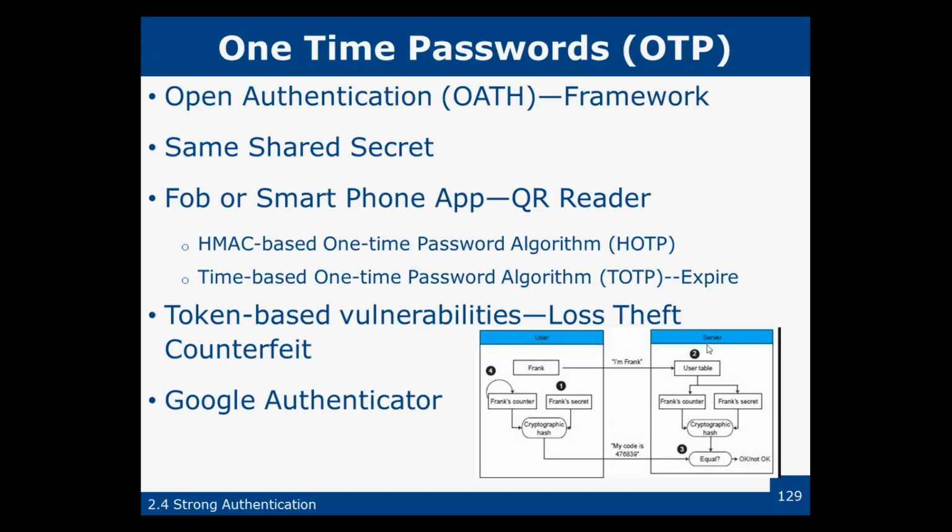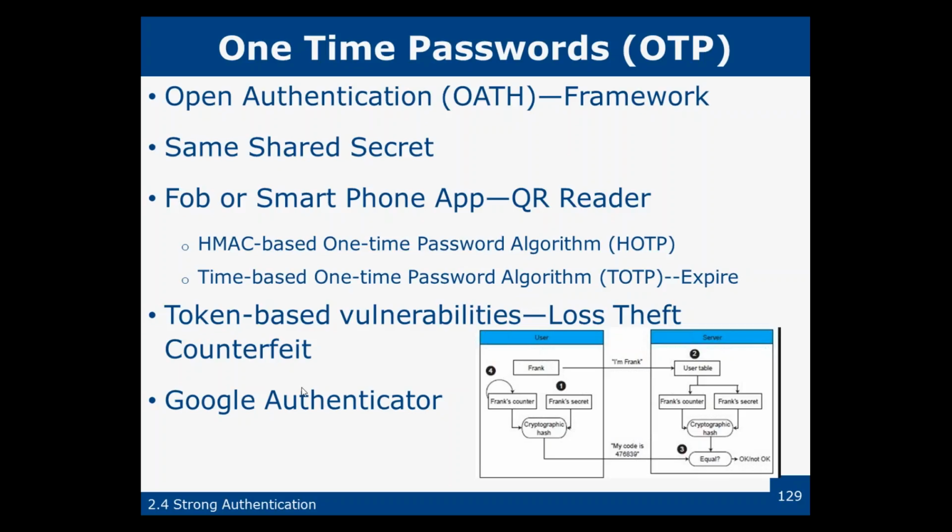So, one-time password, the open authentication framework. We're going to have the same shared secret, and that is one of the things we have to do, and that becomes, as we know, how do we keep them? It's the same shared secret from one to the other.